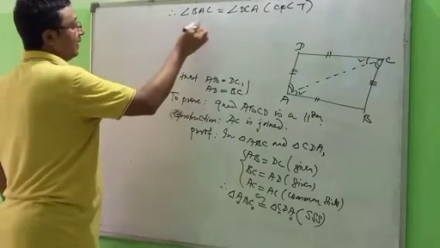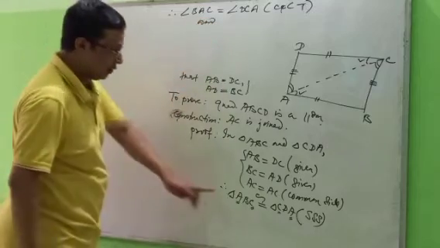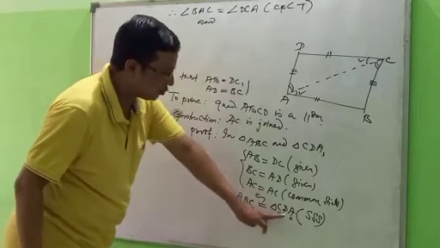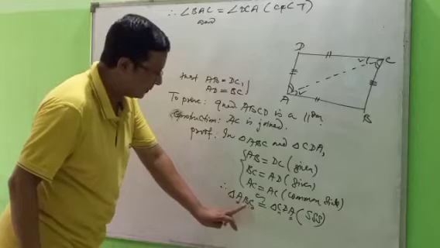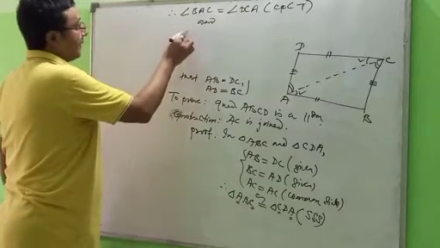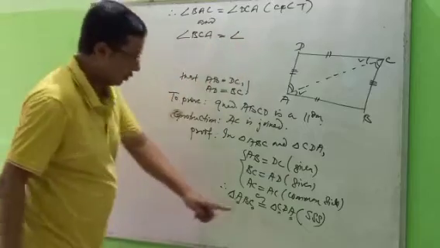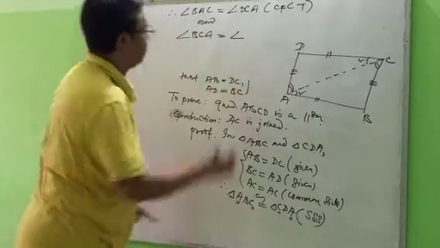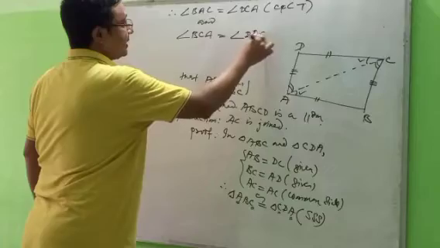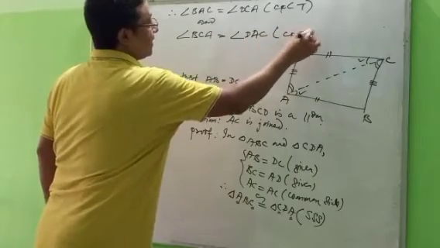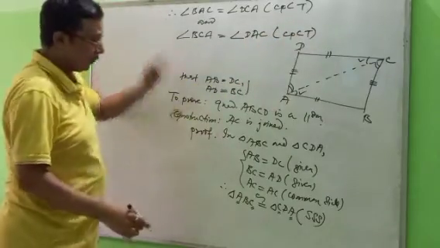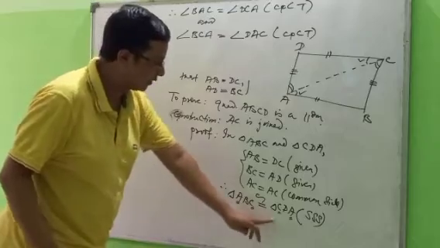Then you have got angle C corresponds with angle A. That means angle BCA equals angle DAC. It is also by CPCT, because you have got these two from the congruence of the two triangles.